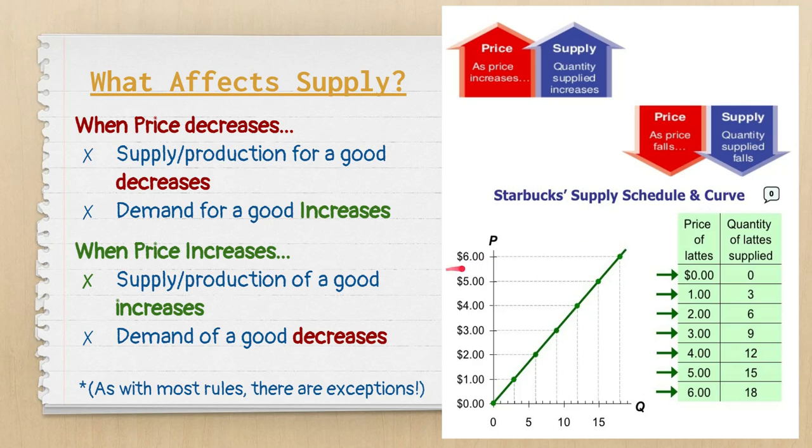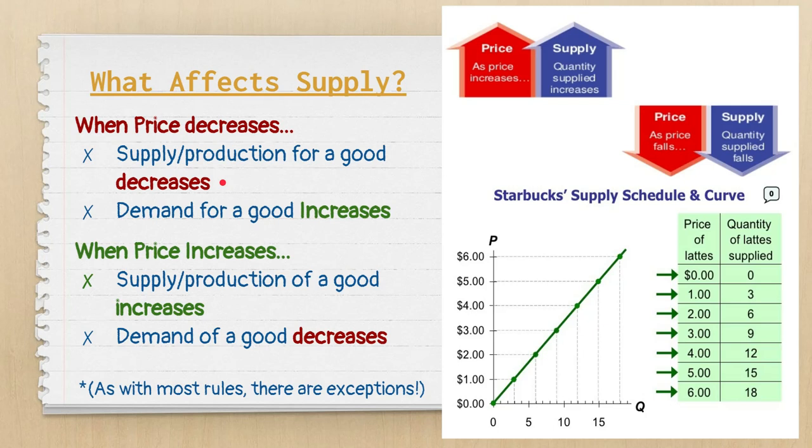At $6, how much was our supply? Well, they give you a nice little table over here, but if you look at $6, our supply was at 18 units or 18 lattes. Now let's say we had to lower price. Maybe something happened and we had to lower the price of our lattes to maybe $2.